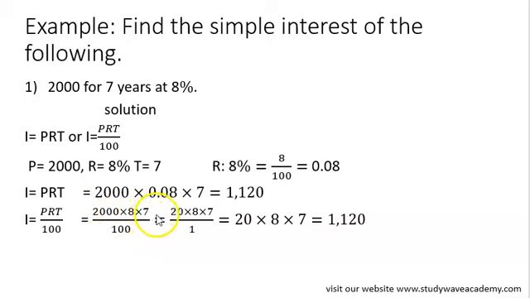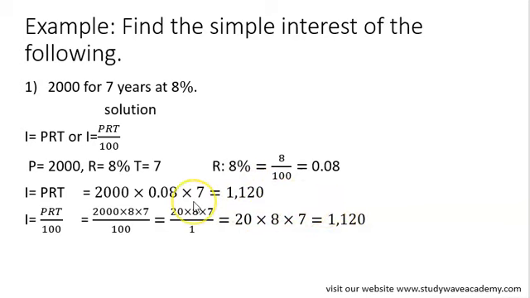Our remaining equation is 20 times 8 times 7, and our answer is 1,120. You can see that we got the same answer. There are different formulas and different ways of solving, but the same answer.